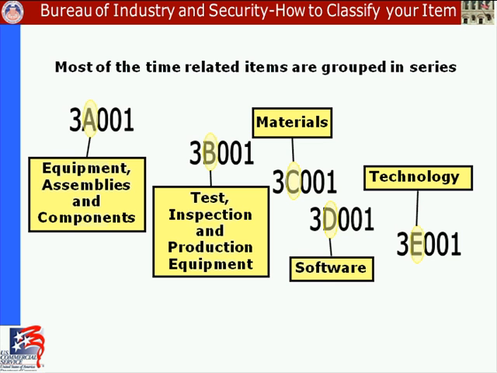And 3B, the product group B, means production equipment. Here it is semiconductor production equipment, the production equipment for 3A001 products. 3C001 are special materials used for the semiconductor production process. Okay.